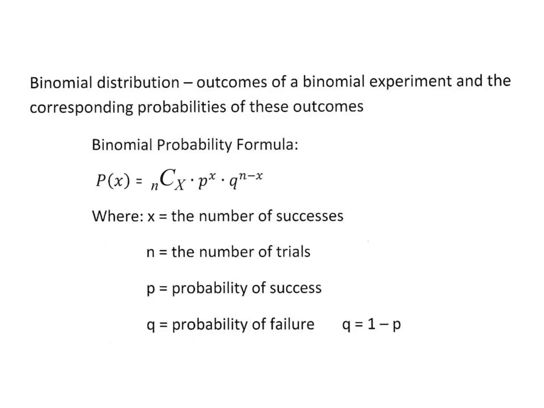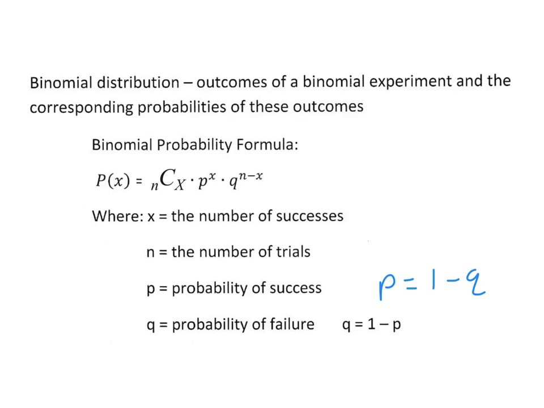Conversely, if they give you the probability of failure, then the probability of success is 1 minus the probability of failure. They're complementary. p plus q has to equal 1, because those are the only 2 possible outcomes in a binomial experiment, which means the sum of their probabilities must equal 1.